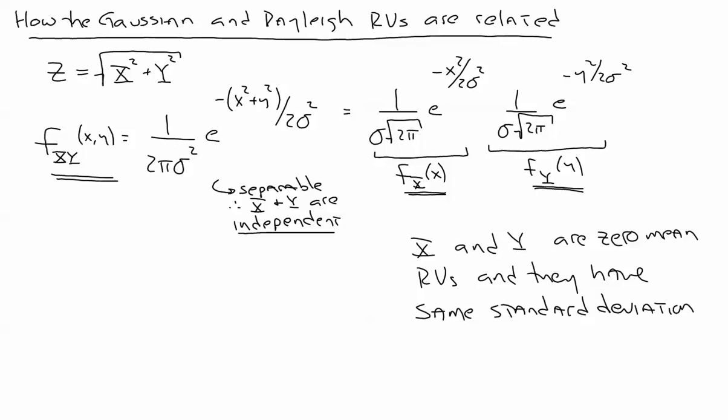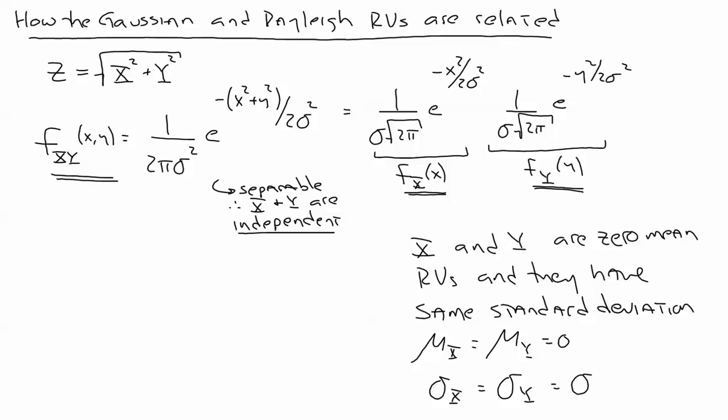So what I mean by this is that the mean for x equals the mean for y equals 0. The standard deviation for x equals the standard deviation for y, and they both equal sigma.